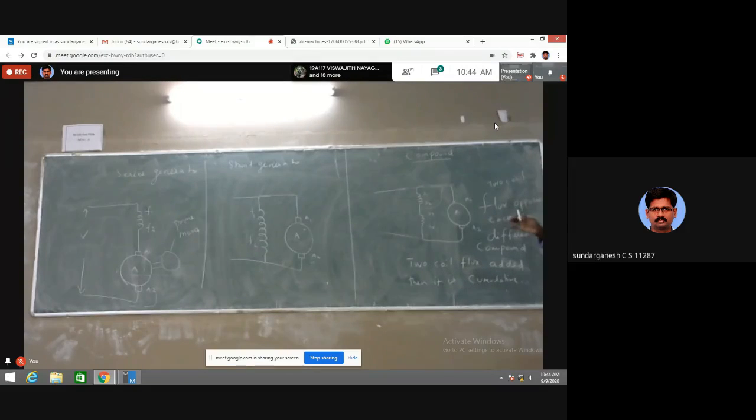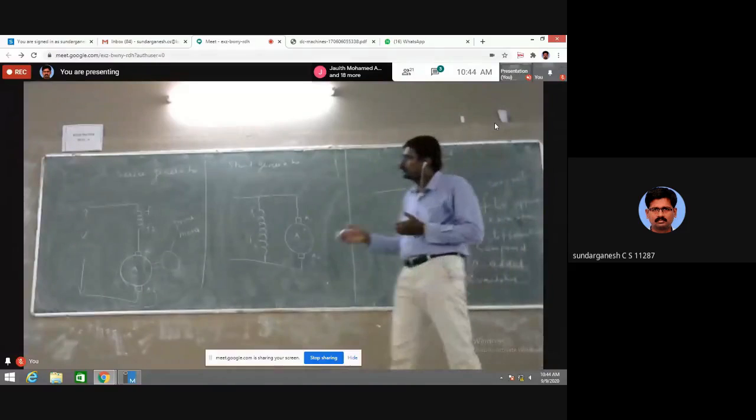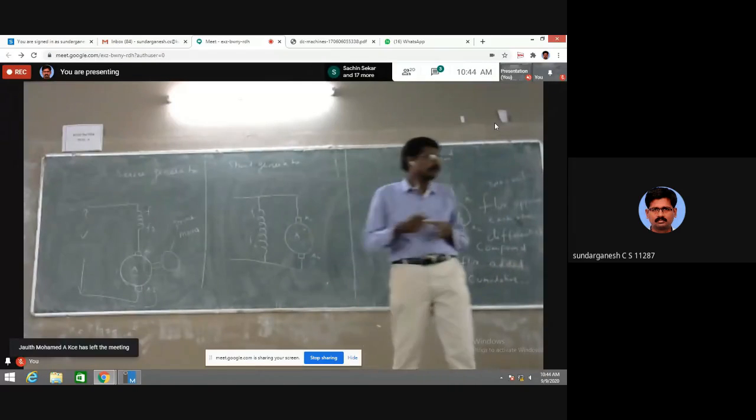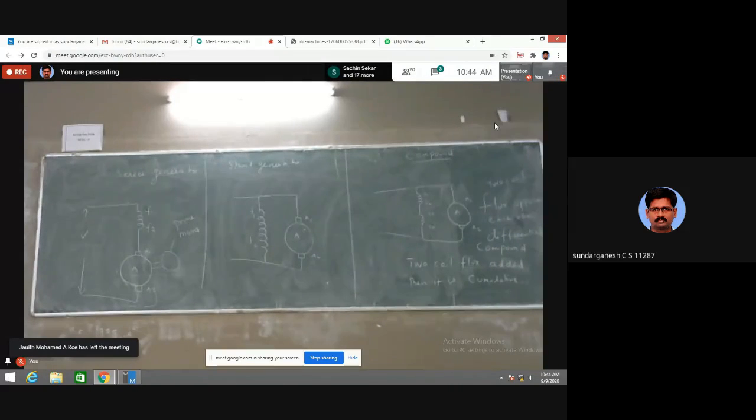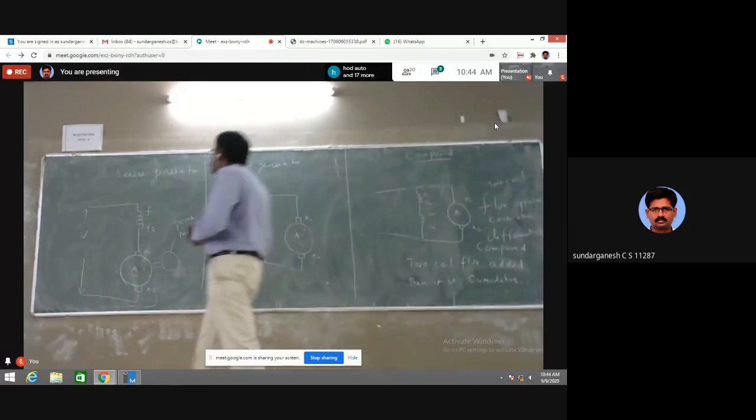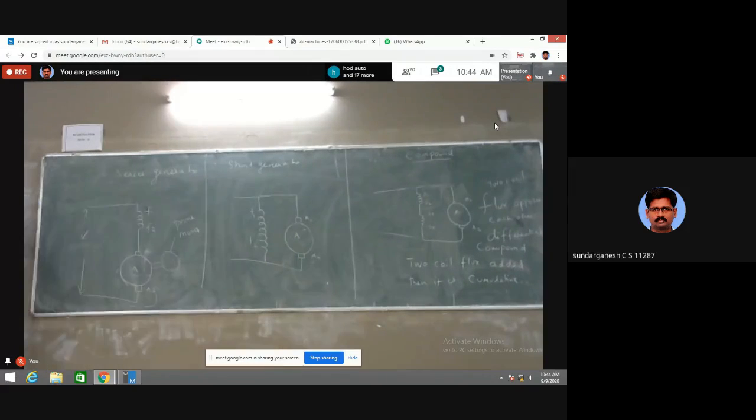In compound, it is different because there are two field coils, maybe differential compound or cumulative compound, whether long shunt or short shunt. You have to first determine the connection and then find the values. Mostly they will ask problems in series and shunt generators. These are the connections in series, shunt and compound.